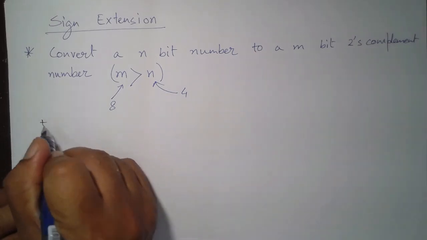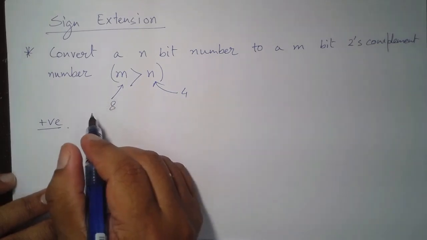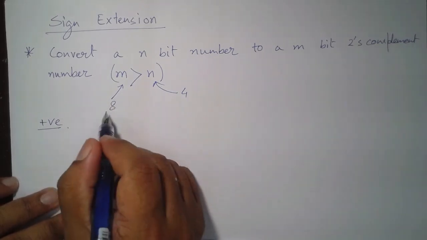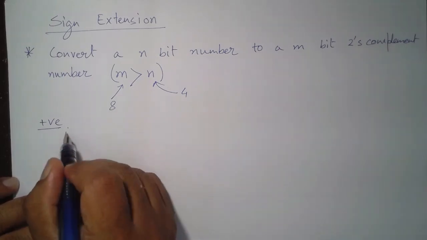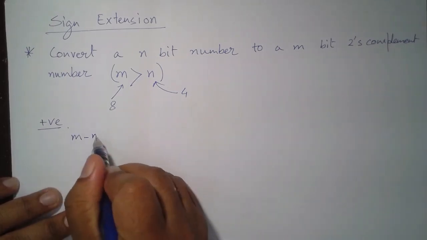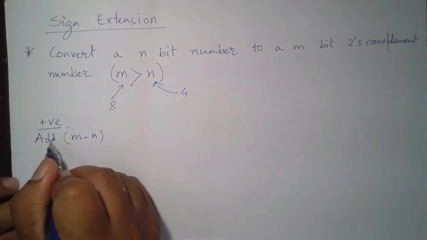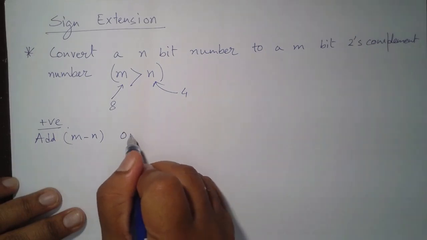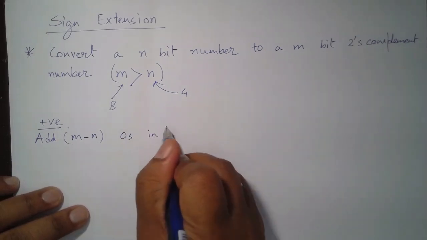If the number is positive, then it is very easy, as many of you can guess: you just add m minus n zeros in the MSB position.